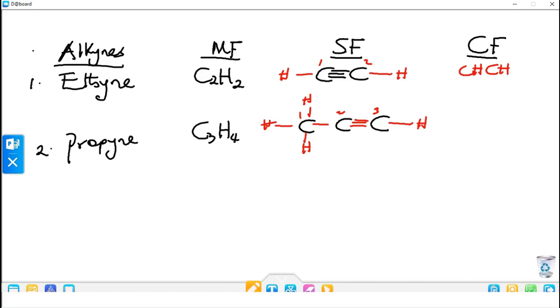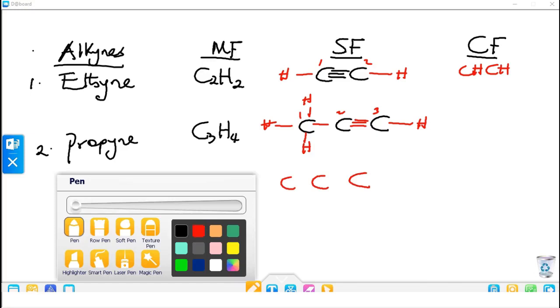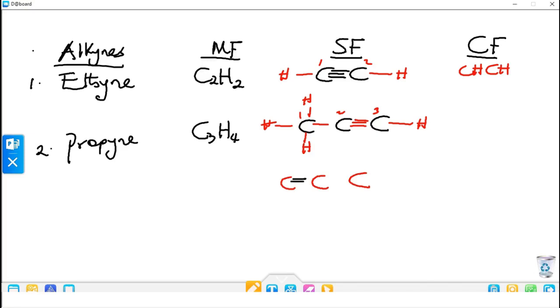Don't forget, students, that we have said before that you may choose to place your triple bond between carbon 1 and carbon 2. Then the single bond will be here. If that is the case, it means that our carbon 3 will now have the 3 hydrogen atoms, and our carbon 1 will have the single hydrogen atom.